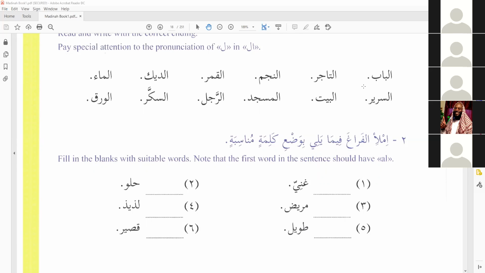Well, now they're going to mix them up. So you'll have al-babu, at-tajiru, an-najmu, al-qamaru, ad-diku, al-ma'u, right? And so now it's testing your reflexes. So try to go through them once, twice, 3 times even if you can, to kind of acclimate yourself to recognizing what are those letters that need to be merged with the lam and what are the ones that are not.